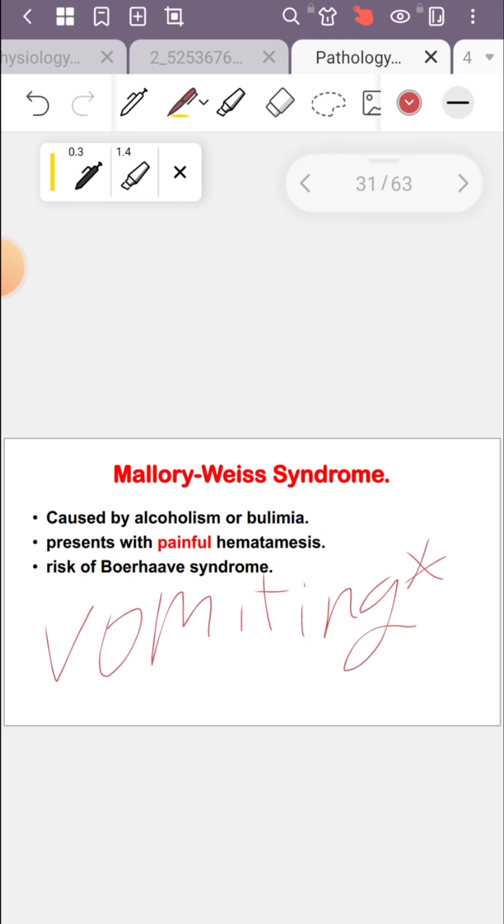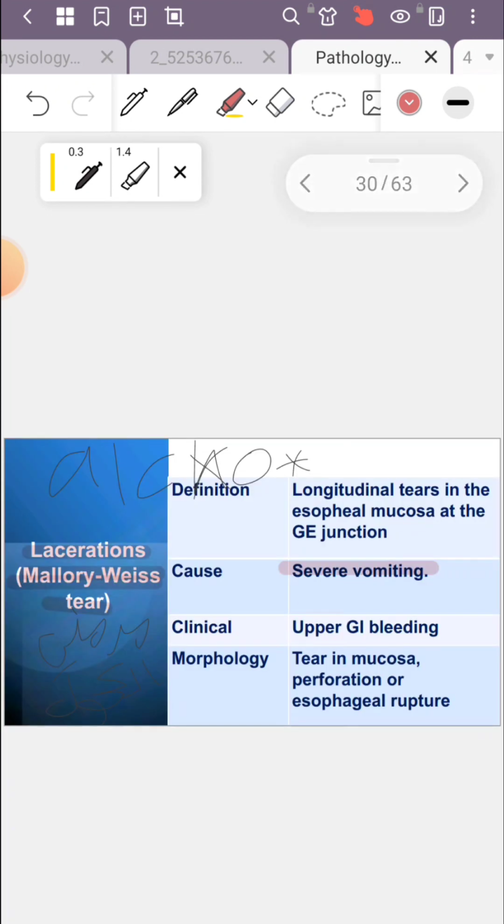Okay? Sorry, painful hematemesis, versus painless in esophageal varices. Tear in the mucosa and perforation, and even rupture. Sometimes in severe cases rupture occurs, with spread of gastric and esophageal content into the mediastinum.